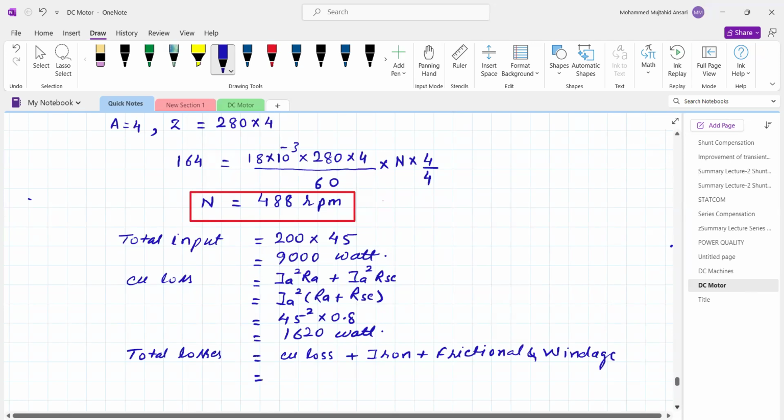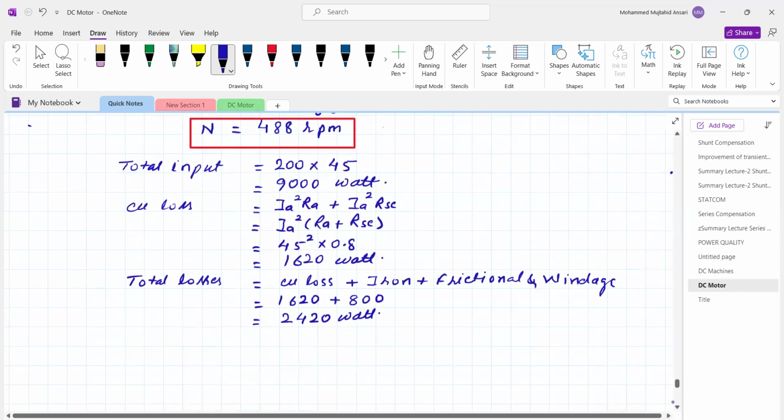So it is equal to 1620 plus these two losses, which are already given. It is 800 watt. So the total comes to 2420 watt. These are the total losses.